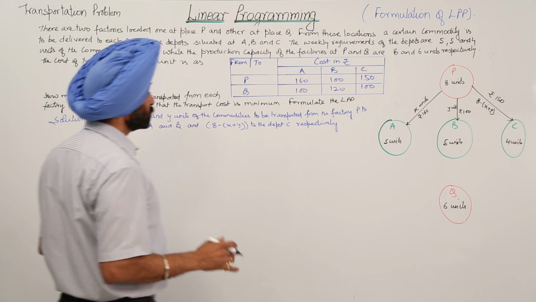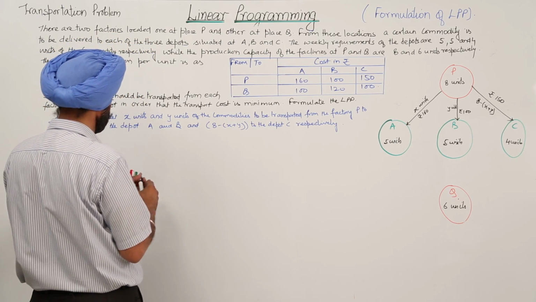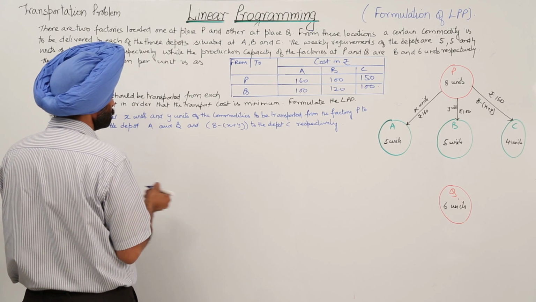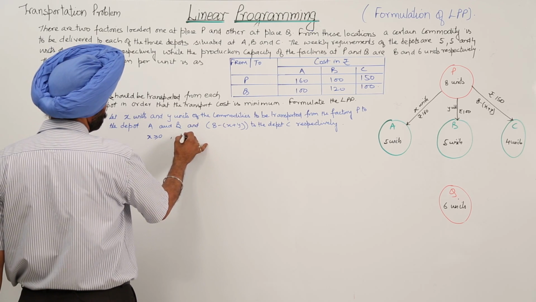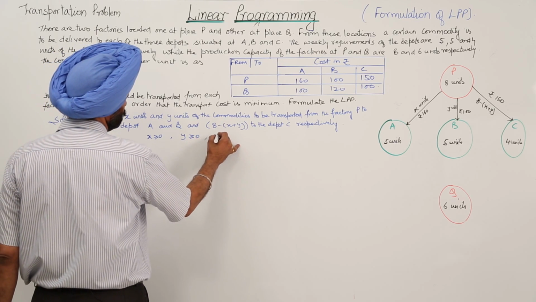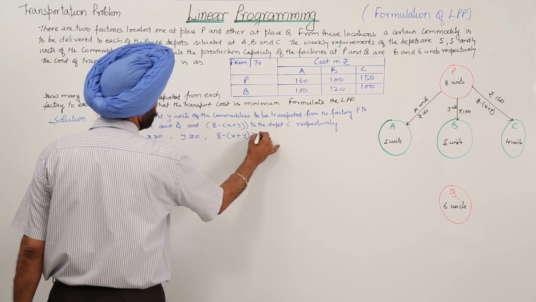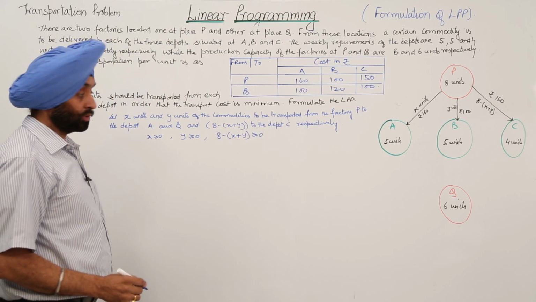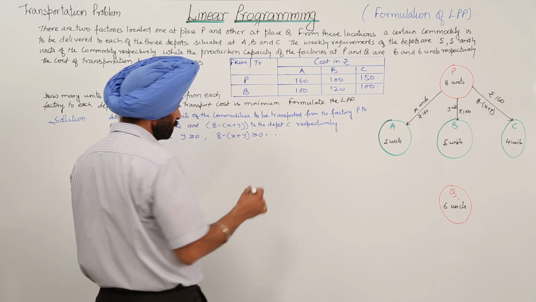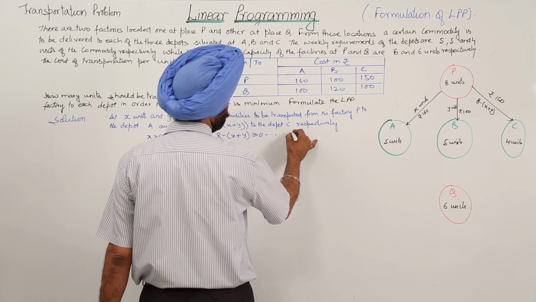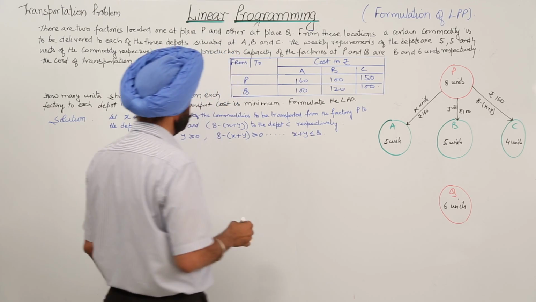Now formulating these as equations, we have X greater than or equal to 0, Y greater than or equal to 0, and 8 minus (X plus Y) greater than or equal to 0, which becomes X plus Y less than or equal to 8.